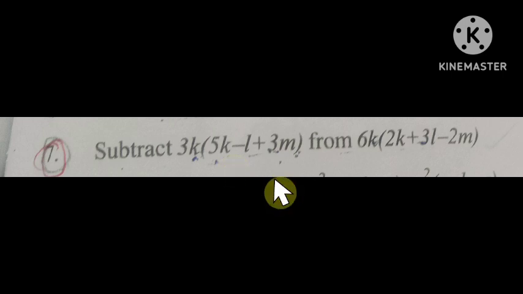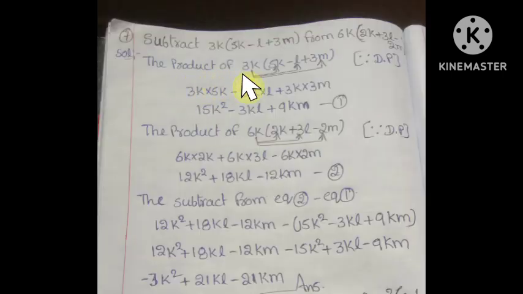Now the solution for this problem. First, the product of the first two terms: multiply the monomial by each term of the polynomial. Subtract 3k(5k − l + 3m) from 6k(2k + 3l − 2m). First, 3k(5k − l + 3m).